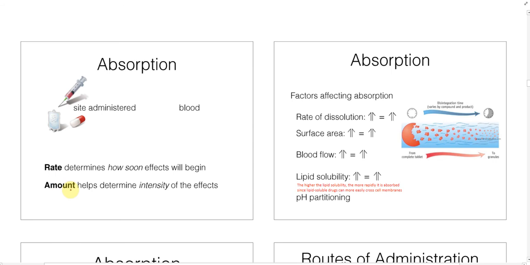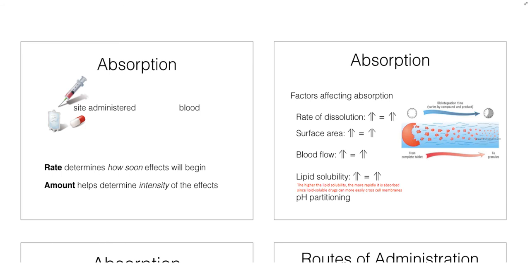If you give very little, you're not going to have a very high intensity of effects. You give a whole bunch of it, you're going to have very high intensity of effects. But the rate, how soon it begins, generally will be about the same regardless of that amount. It's not always the case, but go with it.